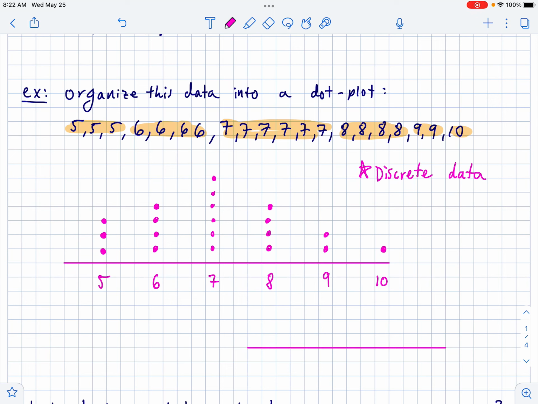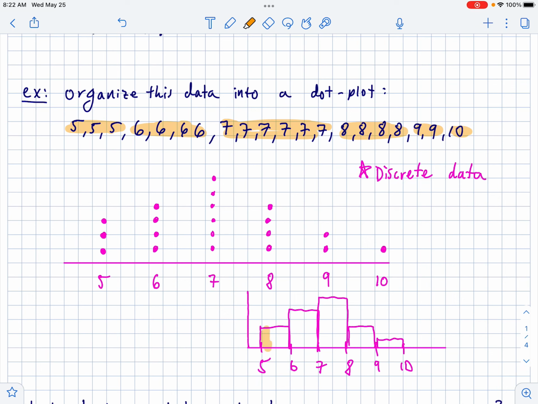As opposed to the histogram, where if I was to make a histogram in general, if you have 5, 6, 7, 8, 9, 10, and then you add some sort of frequency on the side, and then these bars go like this, this implies that there's data in between the points.